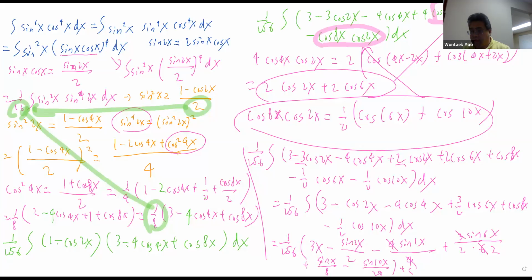Okay, so we are slightly out of room. So let's clear this and rewrite what we got. What we had was 1 over 256 integral. Wait, not integral, we had antiderivatives.